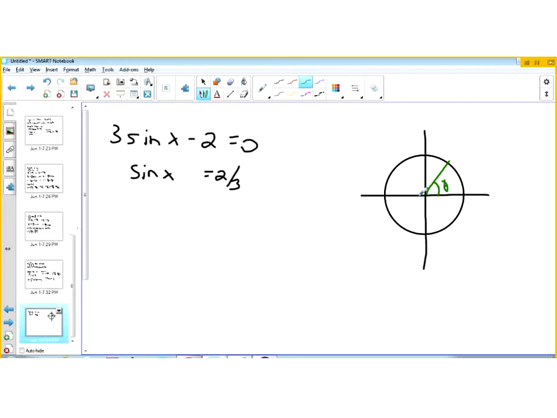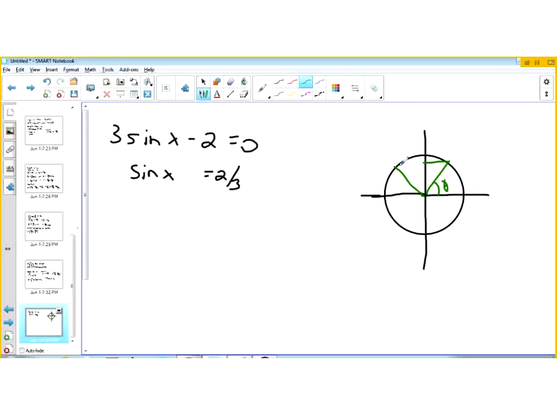Okay? And then we know that we'll have two solutions, right? Because the reference angle theta is here as well. And so, oops, let me draw that a little bit better. So we know by reflection about the y-axis, the sine will take on duplicate values.